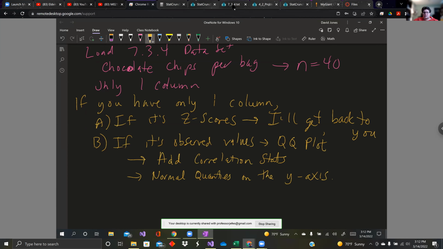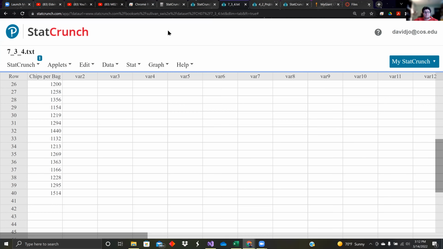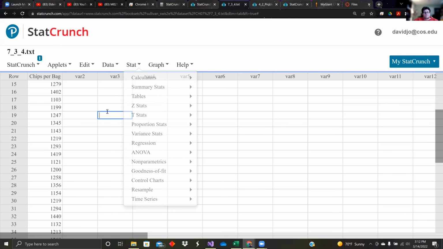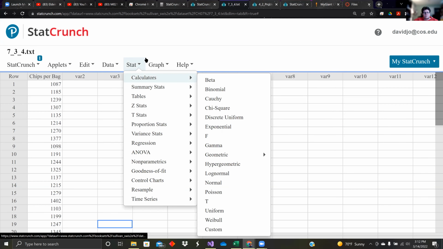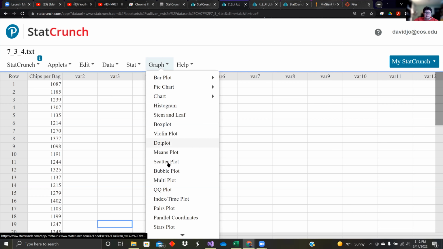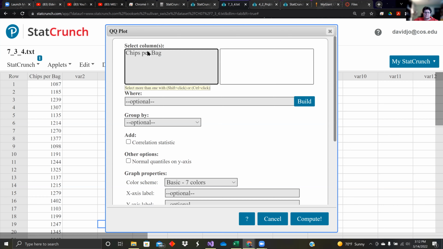Okay, let's take a look at that real quick. We're going to do graphs, QQ plot. I'm going to say chips per bag, and I'm going to add the correlation statistic and then click on normal quantiles on y-axis.